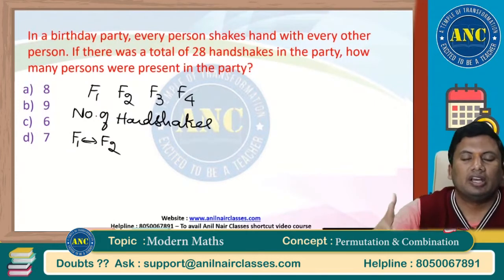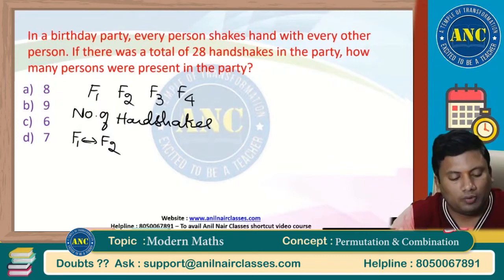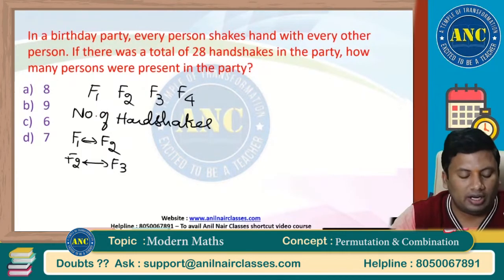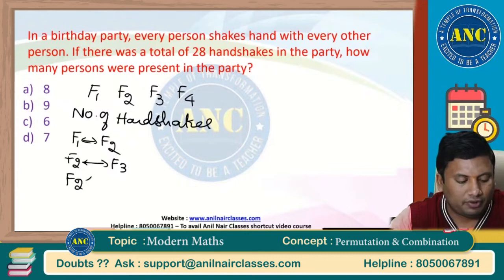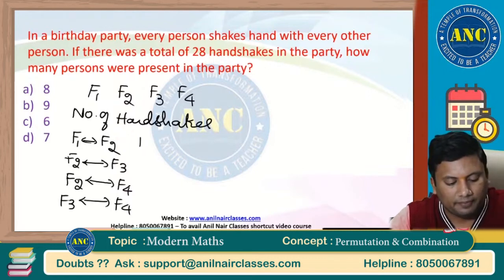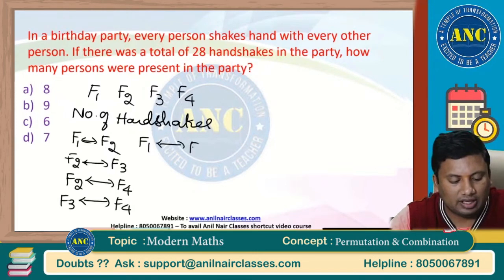That means if I am shaking hands with you, F1 with F2 is over, F2 with F1 is over. F2 is shaking hands with F3. F3 already shook hands with F2, it is also over. Next, F2 will shake hands with F4. Next, F3 will shake hands with F4. Next, F1 will shake hands with F4.